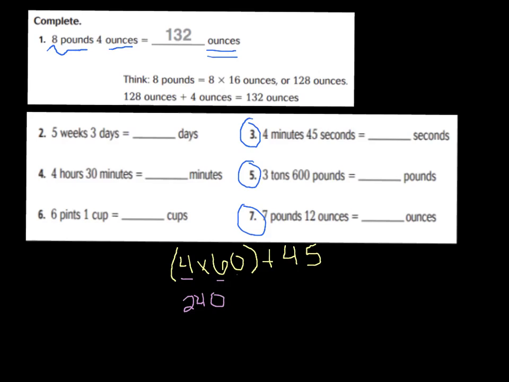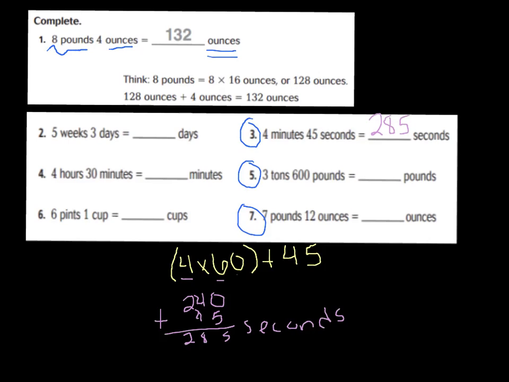So 240 seconds. Now I need to add 45 seconds to that. So 240 plus 45 seconds, that would get me 285 seconds. So there are 285 seconds in 4 minutes and 45 seconds.